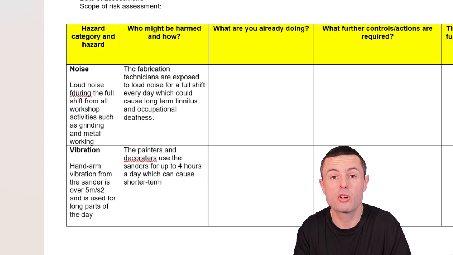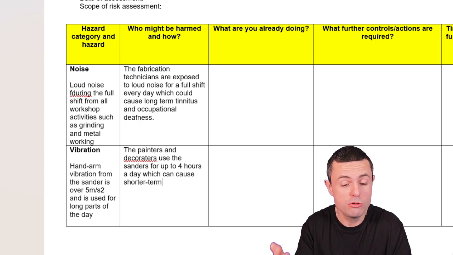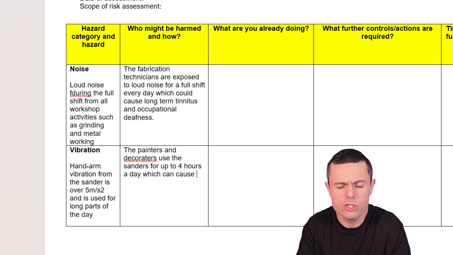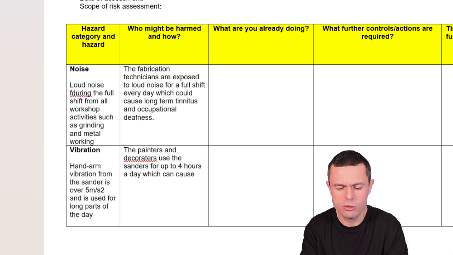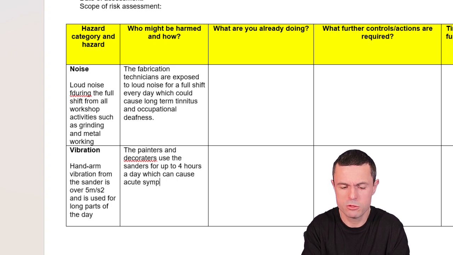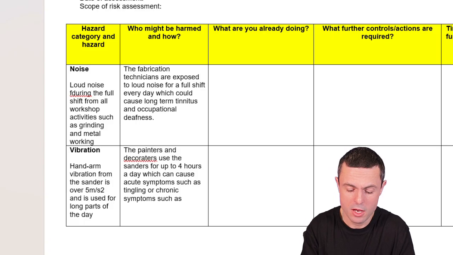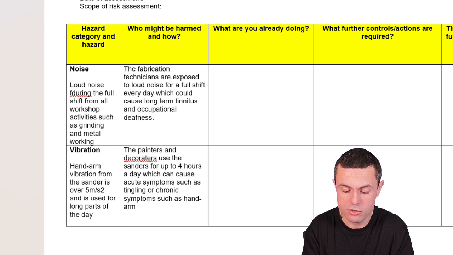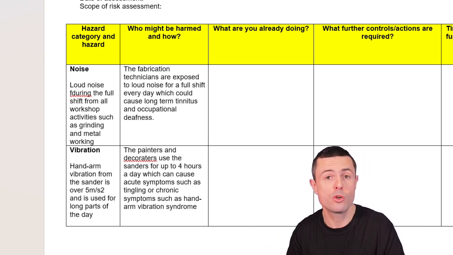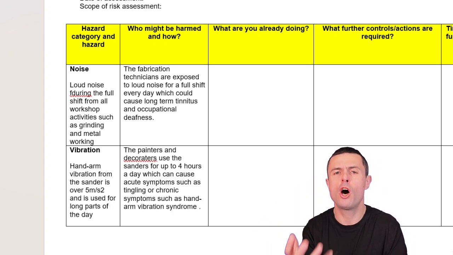So it might be cool actually to show our knowledge of acute and chronic here, which can cause acute symptoms such as tingling, or chronic symptoms such as, and you know what I'm going to say, hand-arm vibration syndrome. Or you could say vibration white finger as well. Give us a harm, give us the injury.